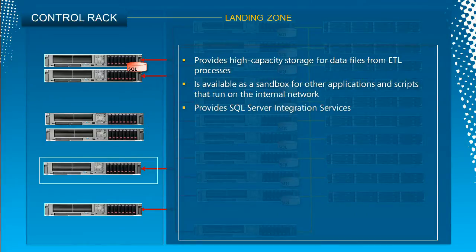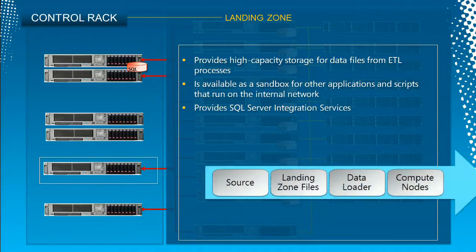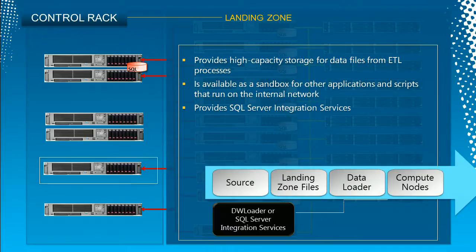In order to provide that capability on PDW, we have a dedicated load process called DW Loader. So that's the load process that you're going to use to go from your source. You get to your data source, you go to the landing zone files, and then you use the load process, which could be DW Loader or SQL Server Integration Services.